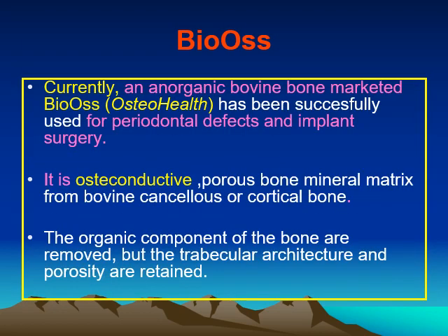Currently, an anorganic bovine bone marketed as Bio-Oss from Osteohealth has been successfully used for periodontal defects and implant surgery. It is an osteoconductive, porous bone mineral matrix from bovine cancellous or cortical bone. The organic components of the bone are removed, preserving the trabecular architecture and porosity.